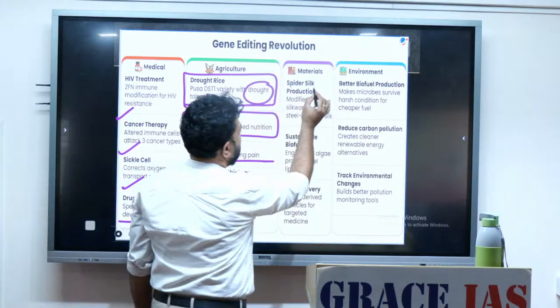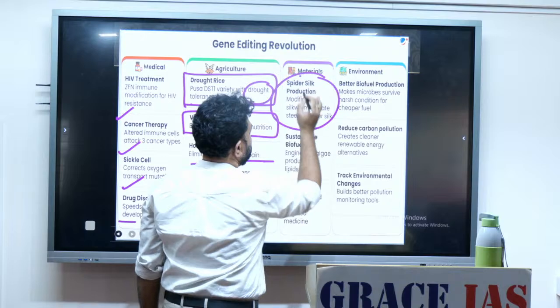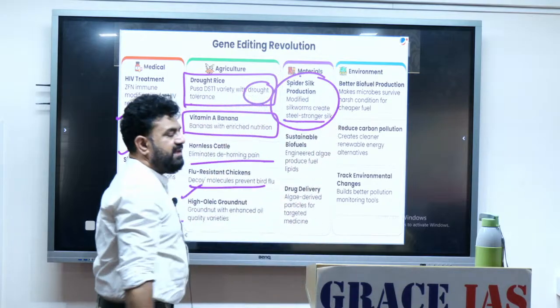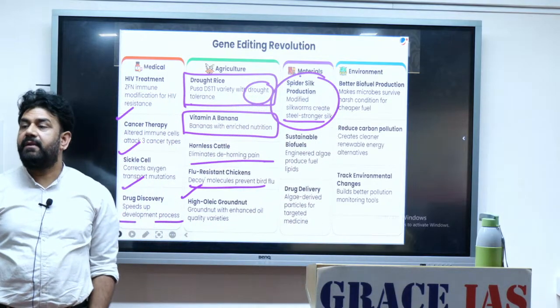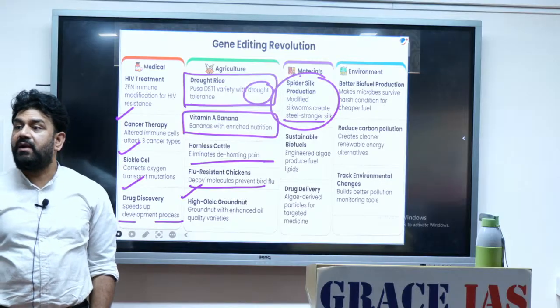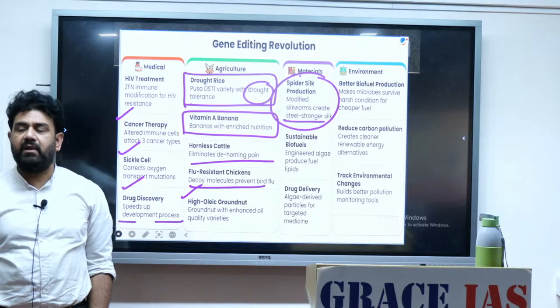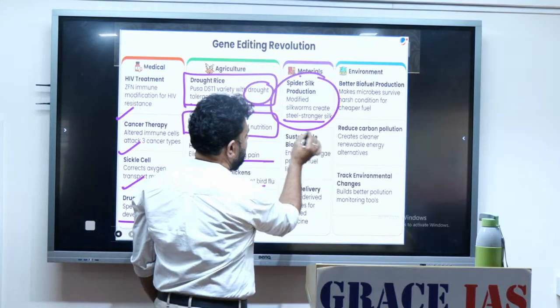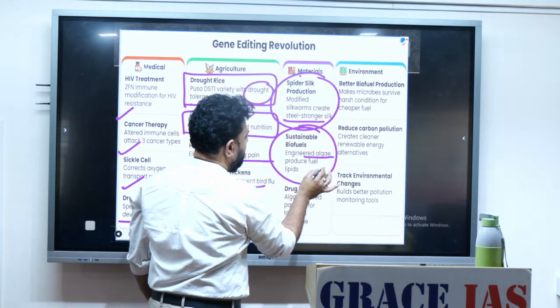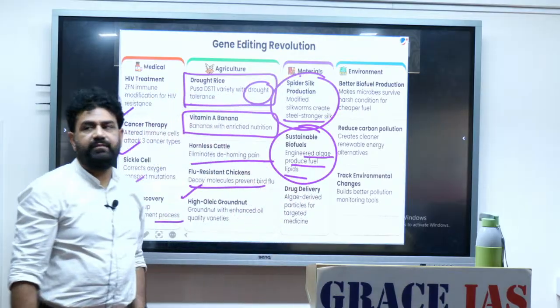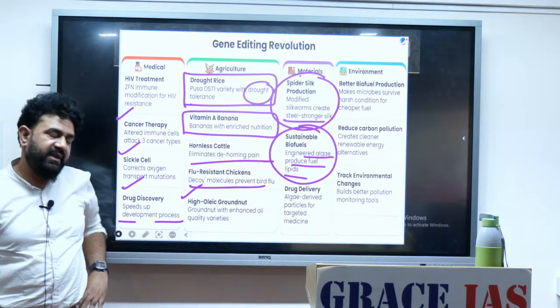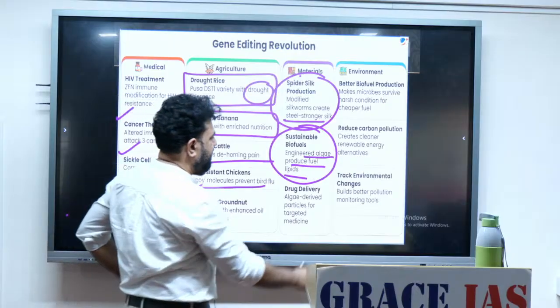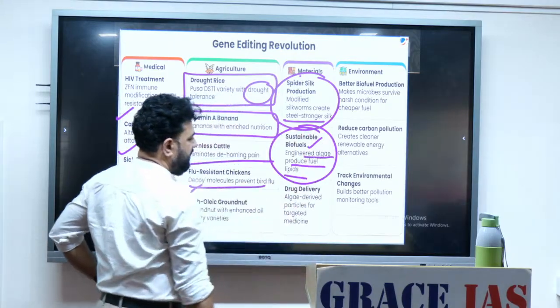Yes, spider silk production, please understand this. Silk produced by silkworms, which is as strong as steel. Not steel here, but very strong silk. Yes. So sustainable biofuels here, algae producing fuel lipids, algal fuels. We can make algae produce lipids here. They will be used as fuels in the future.